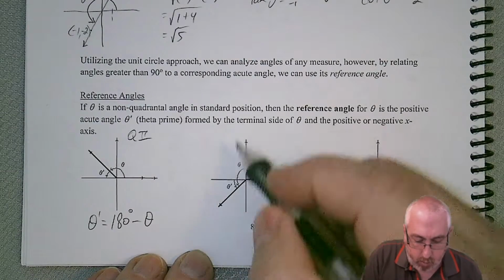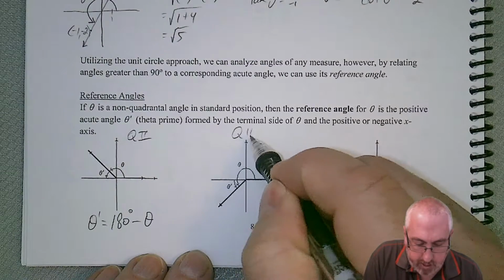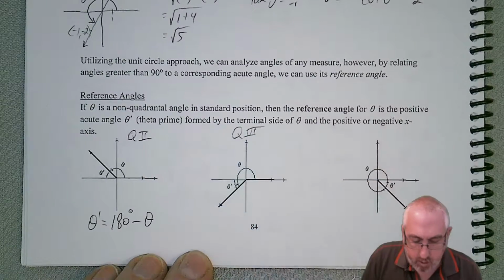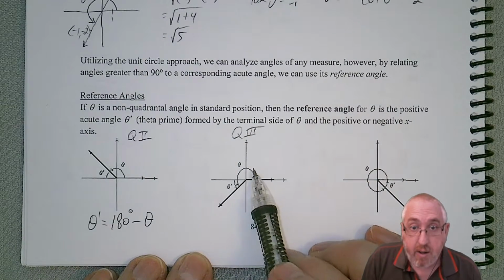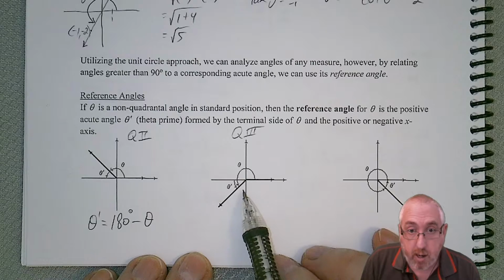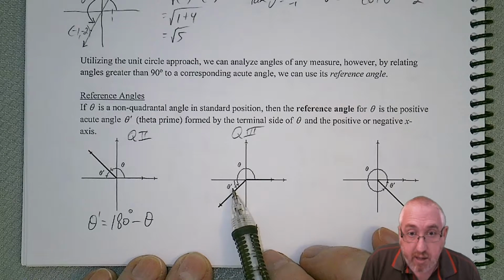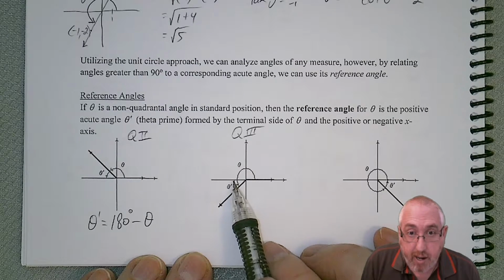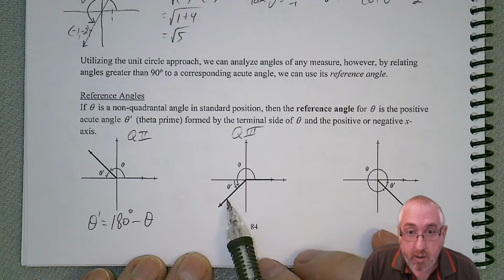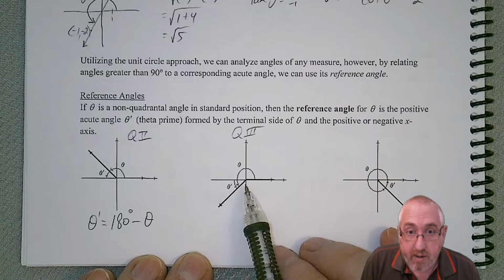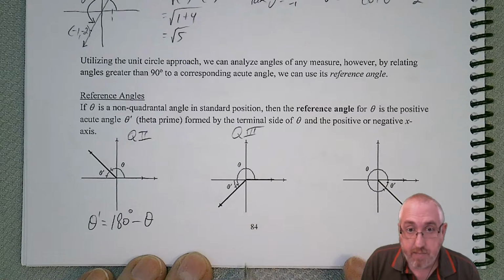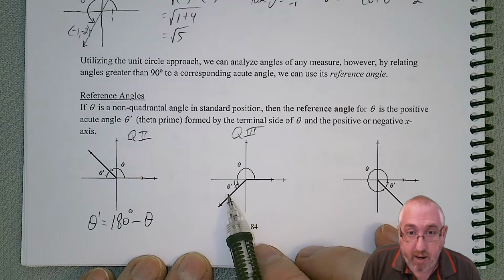So let's look at quadrant 3 now. Quadrant 3 case, you can see we have our theta that goes all the way down to the third quadrant. Now they're saying theta prime is this acute angle, again, between the terminal side and the negative x-axis in this case. So how could we find theta prime?